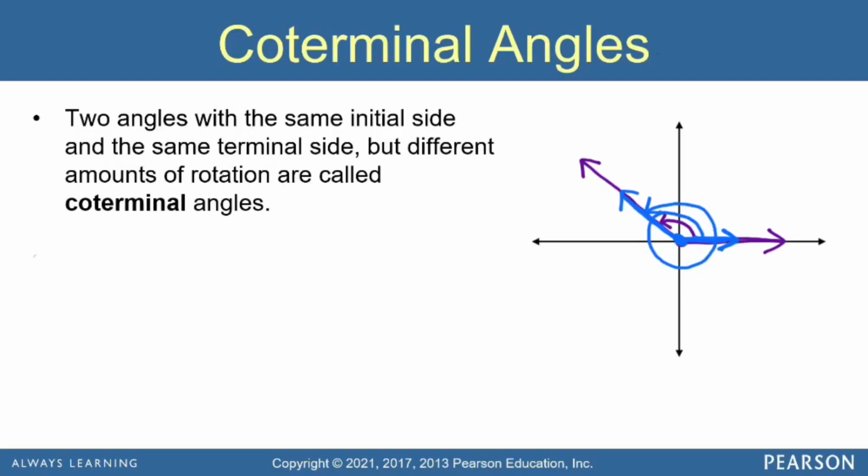And so this angle would be 360 whole degrees plus however much rotation we get from here to here. So these two angles have their initial and terminal sides in the same location, but they are not the same angle because the blue one has more rotation. It goes around the coordinate system one whole time plus some.